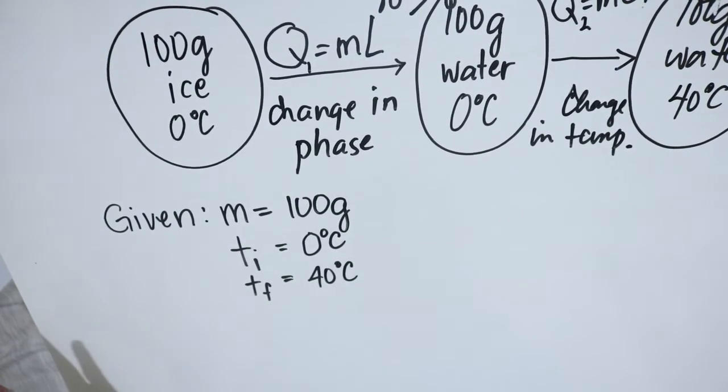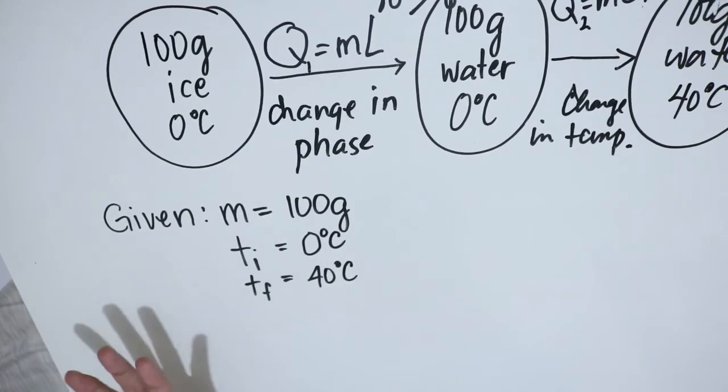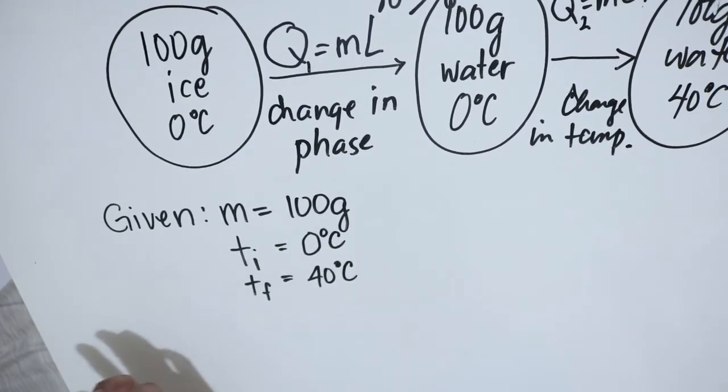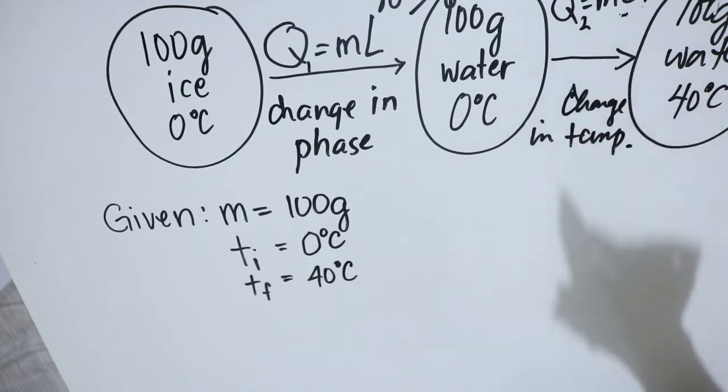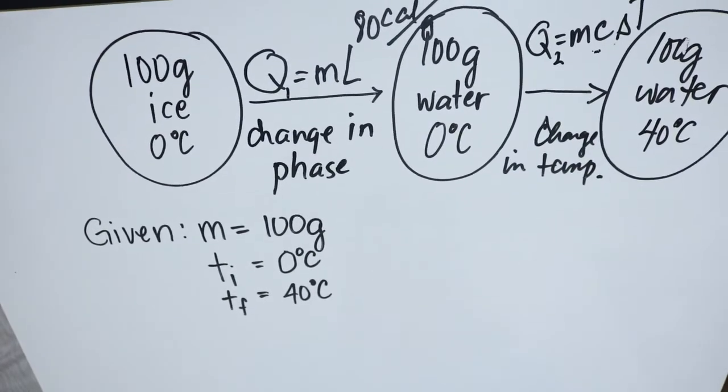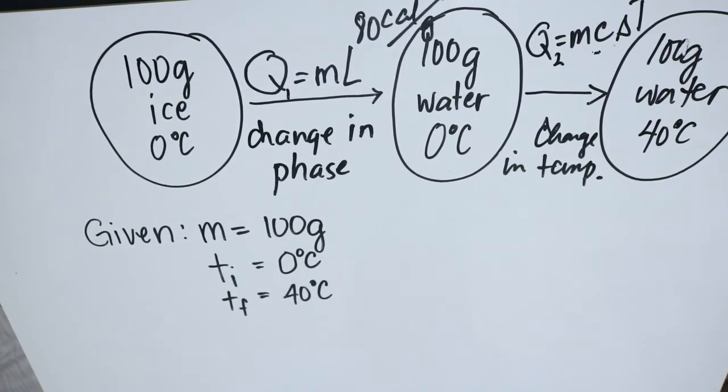Since we're only dealing with water, it's easy to remember that the latent heat of fusion for water is equivalent to 80 calorie per gram. While C, this C, specific heat of water, is equivalent to 1 calorie per gram degree Celsius.